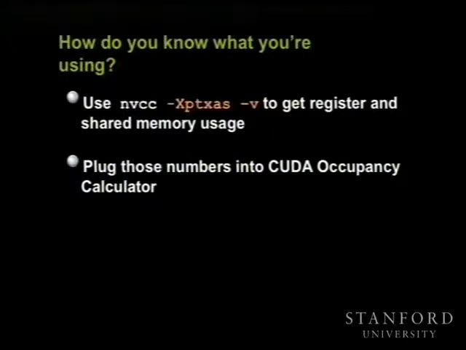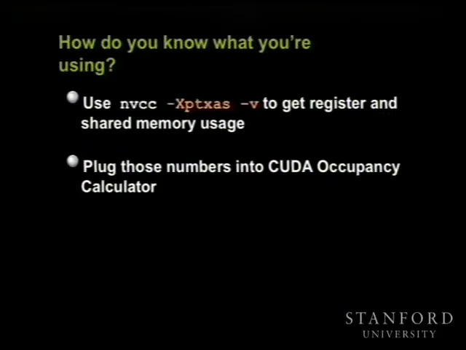So let's skip right to here. Those of you who have started MP2 might have noticed that our makefile has some extra flags. One of those is passing dash x ptxas dash v, which tells the compiler to be somewhat chatty.